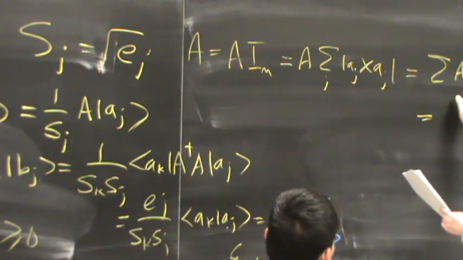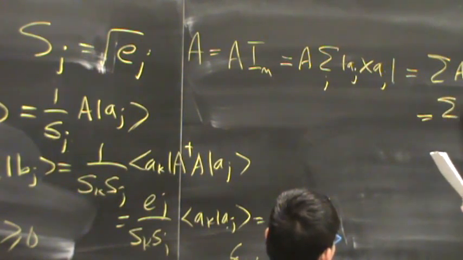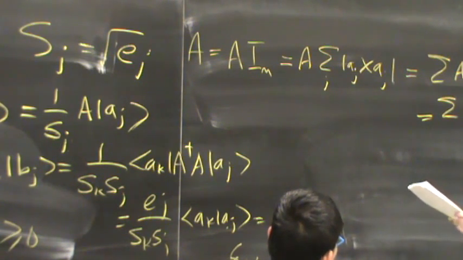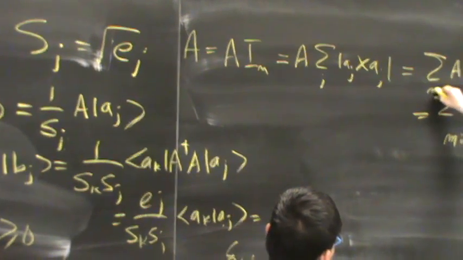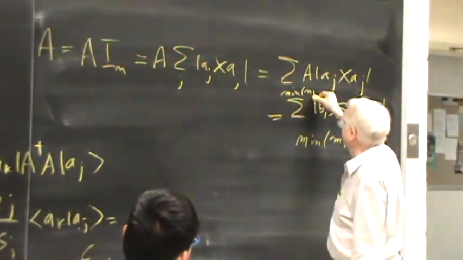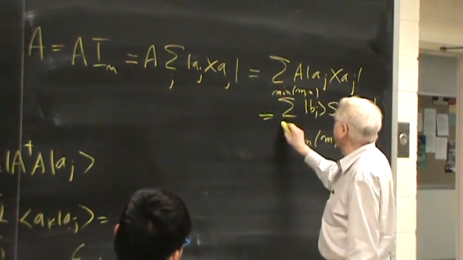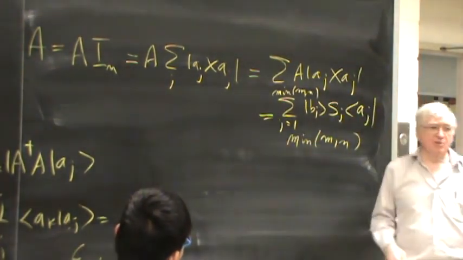And then this is |bj⟩ sj ⟨aj|. So that's the singular value decomposition. How many j's can there be that are positive? Well, at most, the minimum of m and n. So this sum is up to the minimum of m and n. And it goes from k equals 1 up to the minimum of m and n.